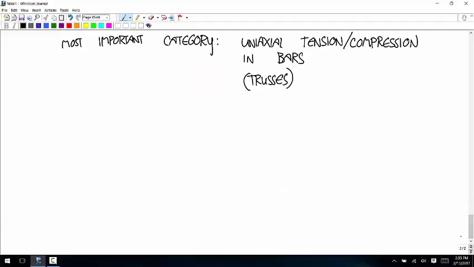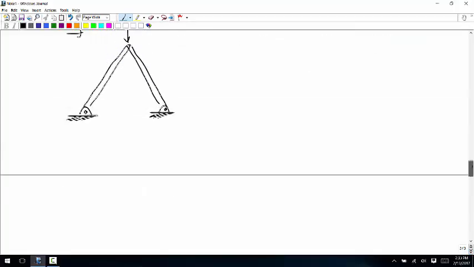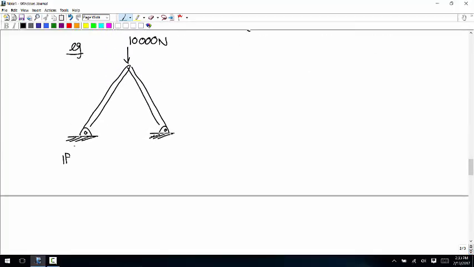So, for example, if you have a truss like this with a 10,000 Newton load on top, in this case, this is a structure.